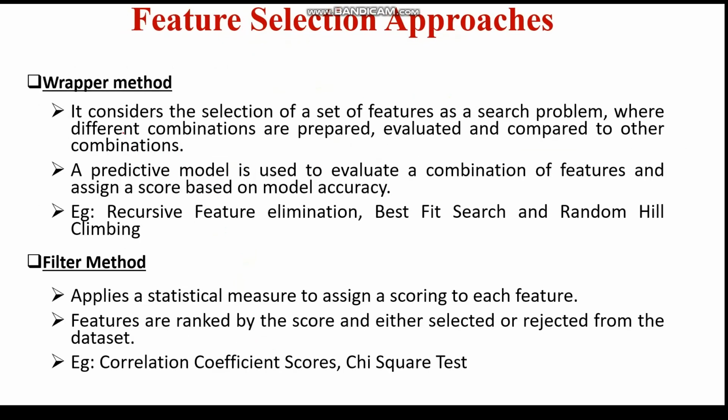In feature selection, the very first is the wrapper method. When we talk of the wrapper method, it simply considers the selection of a set of features as a search problem where different combinations are prepared, evaluated and compared to the other combinations. What does it mean over here?